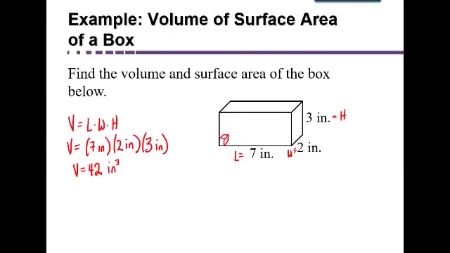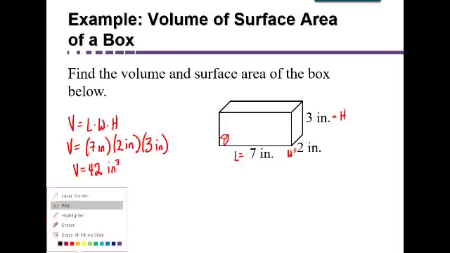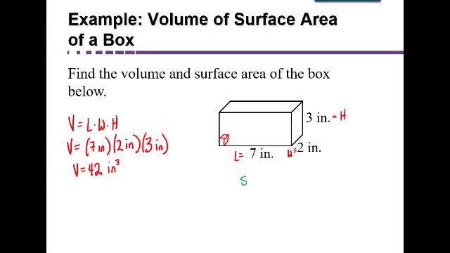Okay, so finding the surface area. We have the front and the back. So the front has dimensions 7 by 3, 7 times 3. So the back does as well. So we're going to have 2 of those.